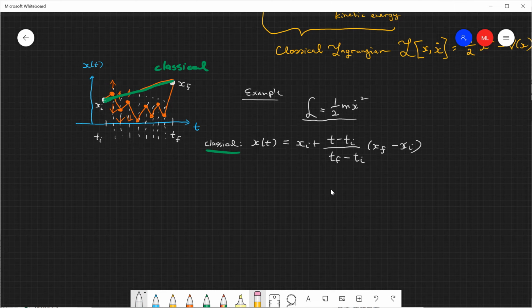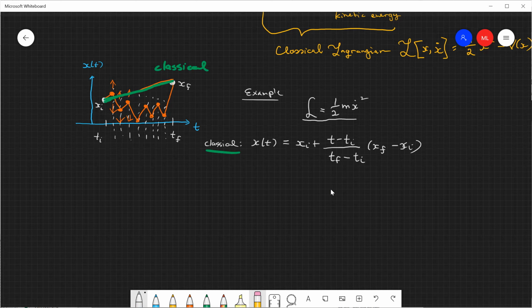But of course, quantum mechanically, the probability amplitude associated with moving from that initial point to the final point is a sum over all the possible paths, not just the ones that have constant velocity, all the ones that don't conserve energy, that do all sorts of crazy things.